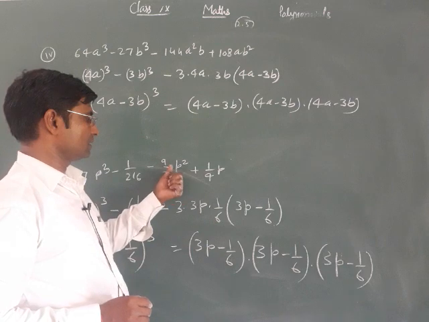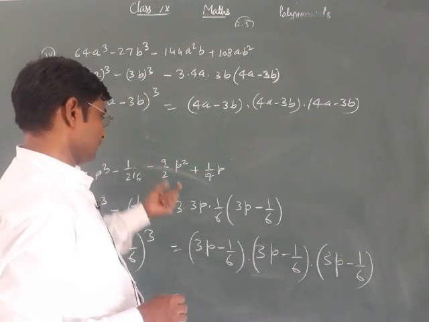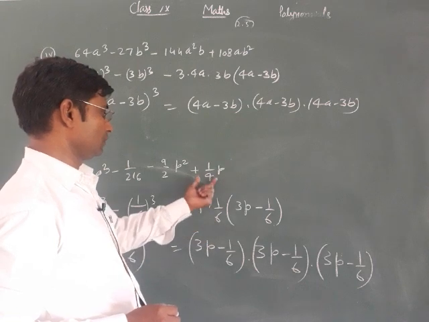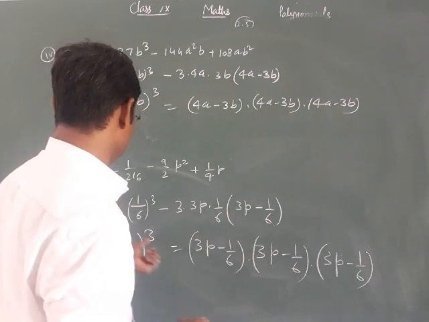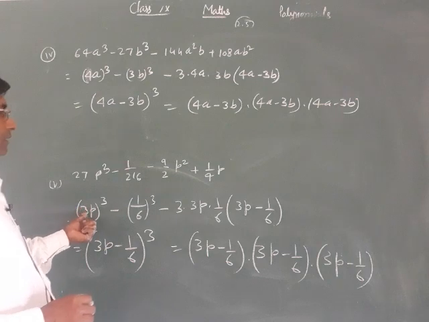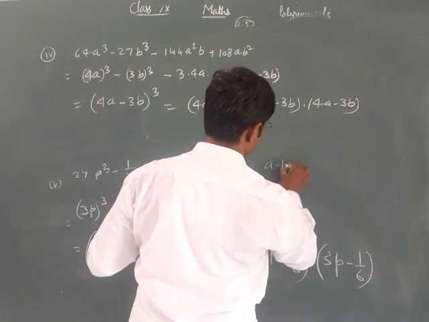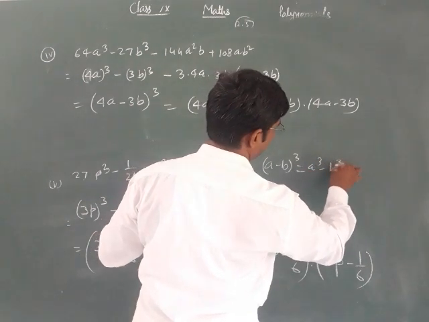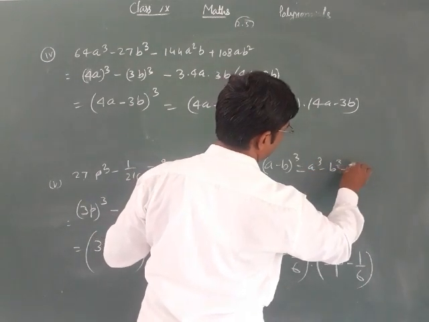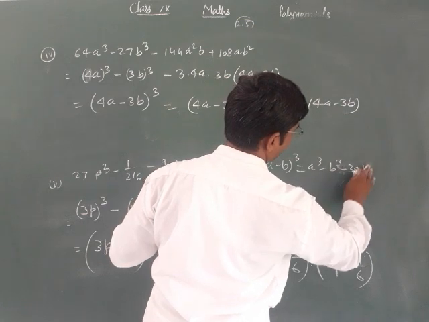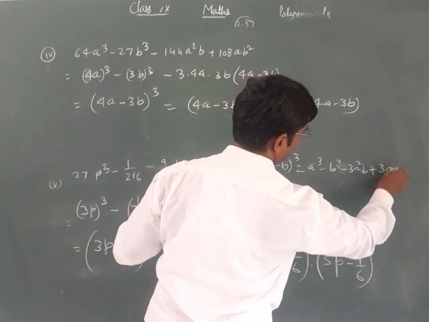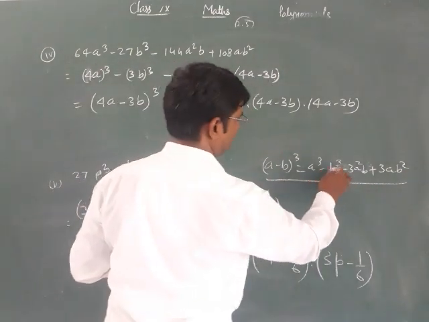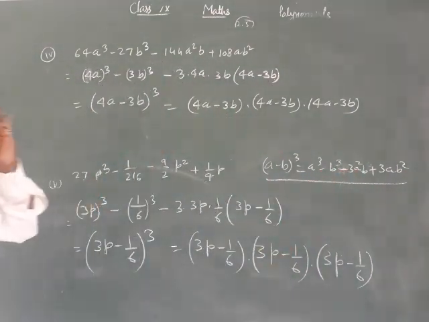This is a, so use the identity (a minus b) whole cube, a cube minus b cube minus 3a square b plus 3ab square. Using this identity here. So that's all.